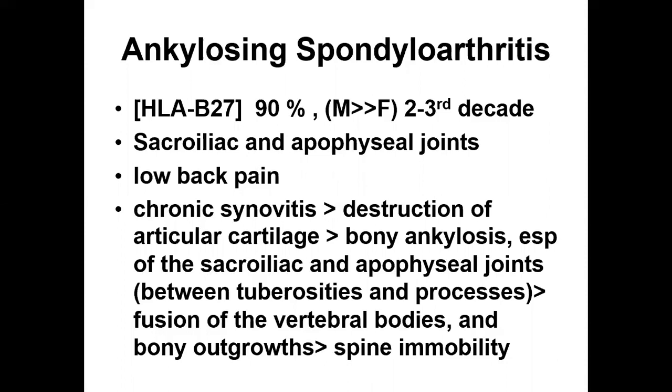Patients present with low back pain. There is chronic synovitis and then destruction of articular cartilage, which may lead to bony ankylosis, especially of the sacroiliac joint. And there is fusion of the vertebral bodies and bony outgrowths, and then the spine is immobile.